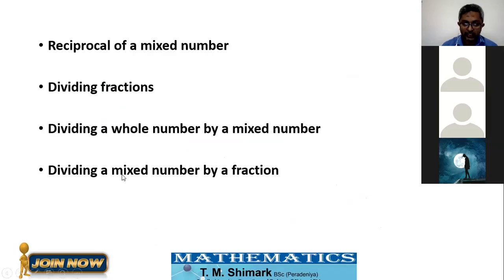We have done dividing a mixed number by a fraction. Example is this. I'm not doing this, but I'm just showing dividing a mixed number, right? 2 and 1 by 8, divide this number by a fraction, like 7 by 9, let's say, just an example.